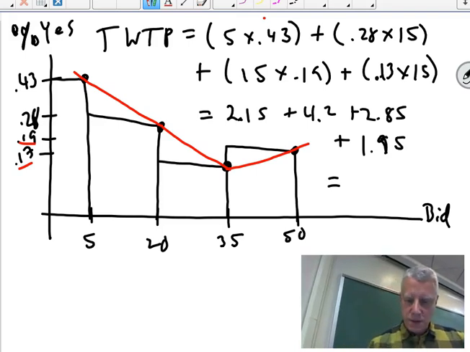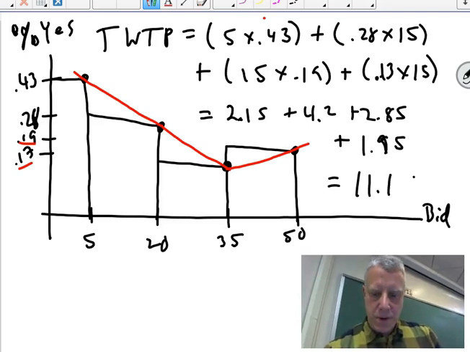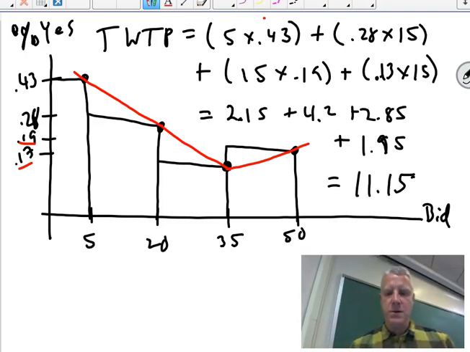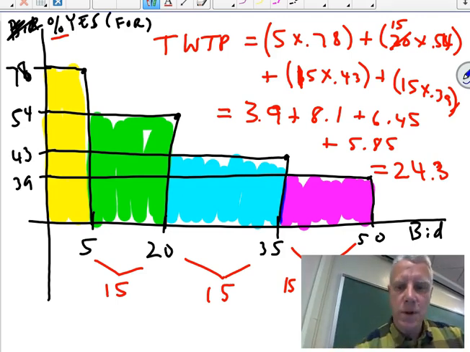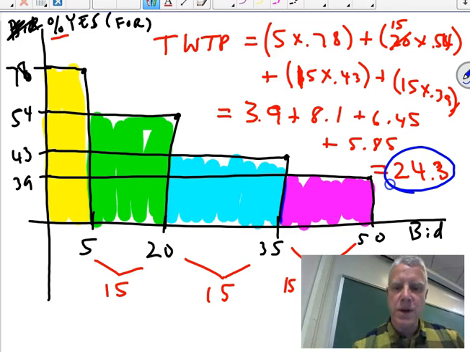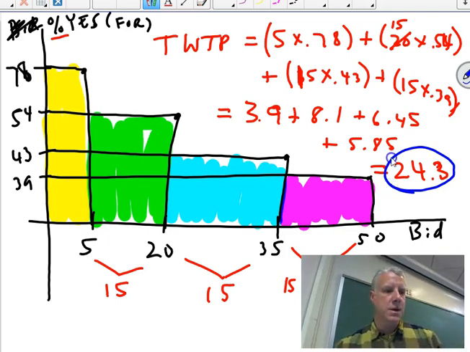And then adding those together is going to give me the Turnbull willingness to pay. So the willingness to pay is $11.15 for people who do not target red drum. Contrast that with the willingness to pay of 24.3 for people who do target red drum.